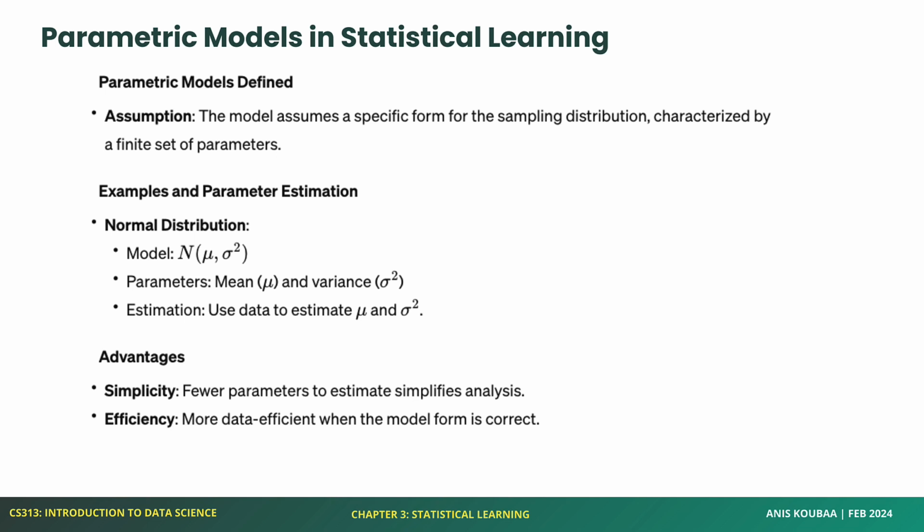Or we can also assume the parameters of a certain distribution, like the normal distribution. So the advantage of parametric models is that they are simple, because usually they have a small number of parameters to estimate and simplify the analysis. So we are going to look for a finite number of parameters to model our distribution. And the efficiency, so more data efficient when the model form is correct.